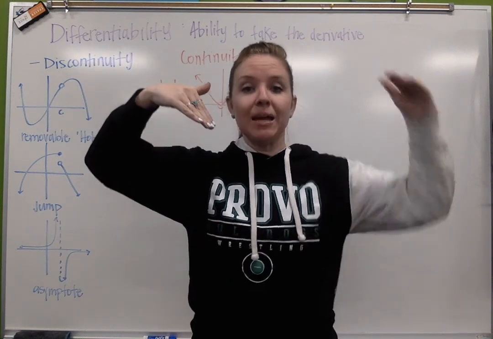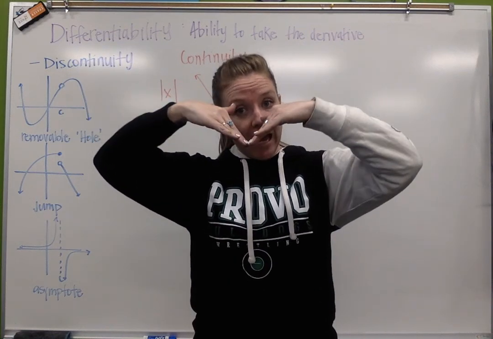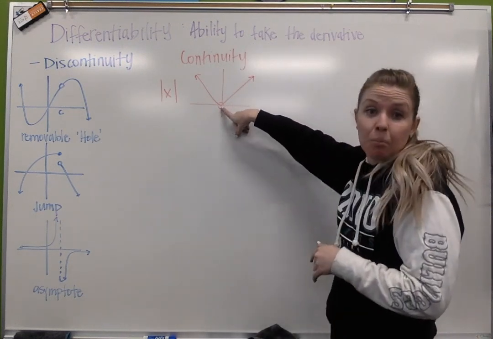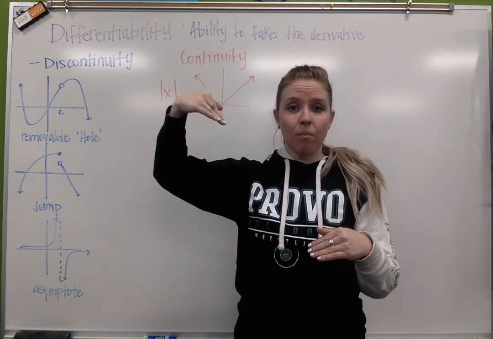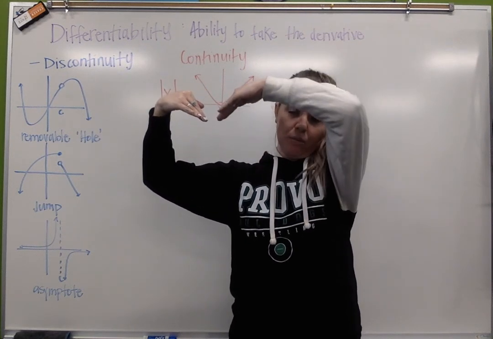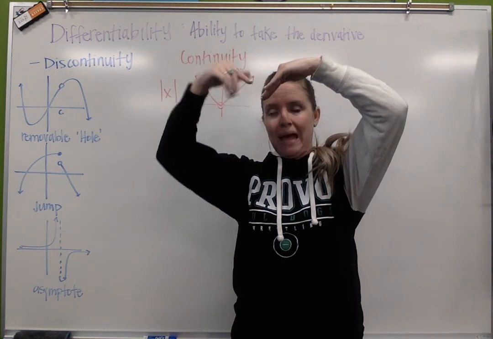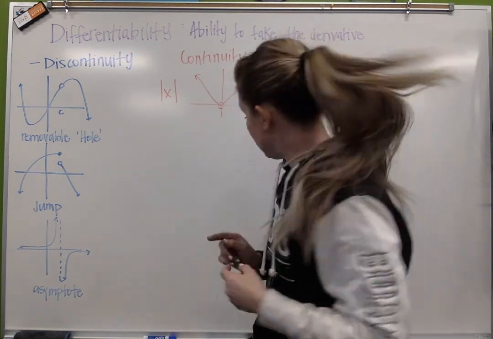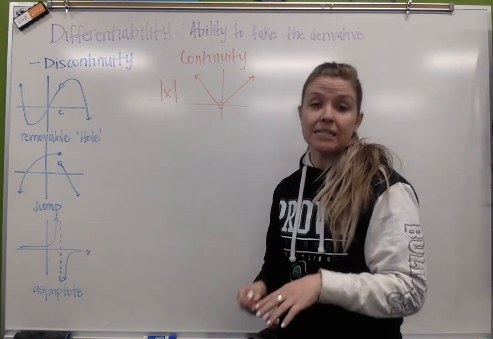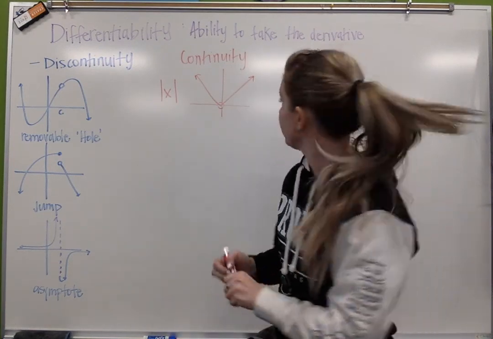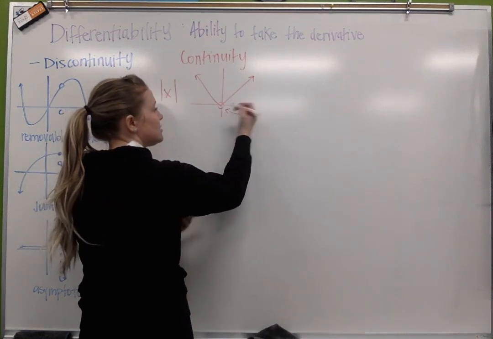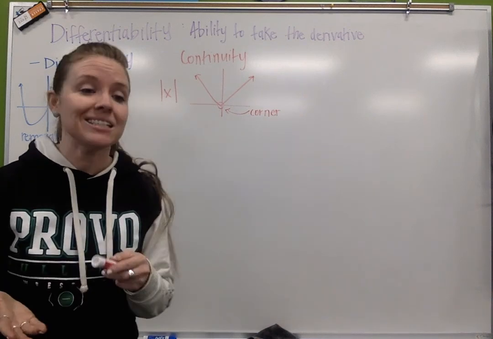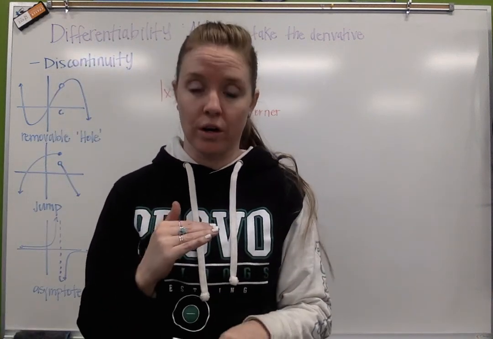If the right side limit and the left side limit don't match, then the limit doesn't exist. So that's what's happening here at this point, the corner. I have a negative slope on this side and a positive slope on this side. So what's the slope at that point? Because the left side and the right side are different, the slope at that point doesn't exist. It's not differentiable. The issue here, we refer to this, real scientific name here, we call it a corner. I can't take the derivative at any corner on a function.